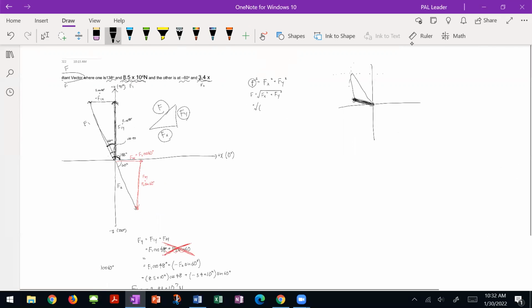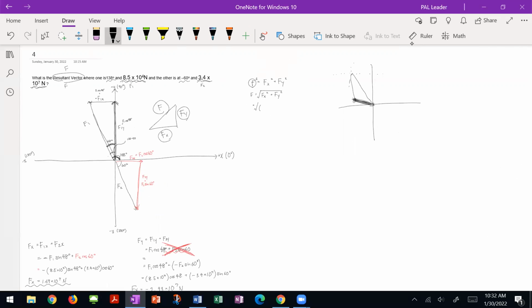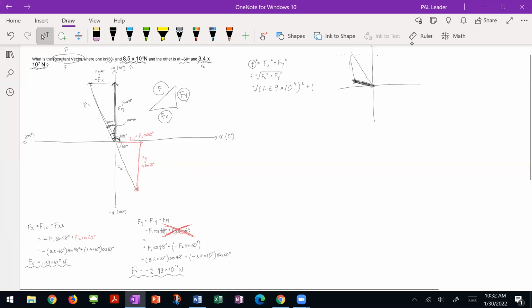Fx was 1.69 times 10 to the power of 7. What if this was wrong? Fy negative 2.93 times 10 to the power of 7 squared. Can you see that? I'm going to put that in my calculator.